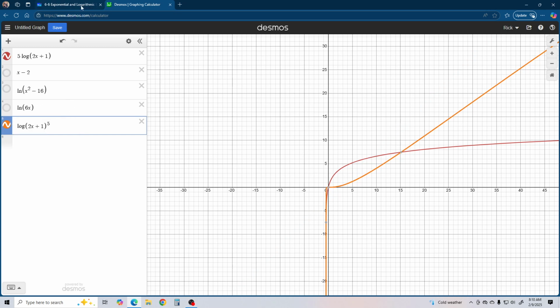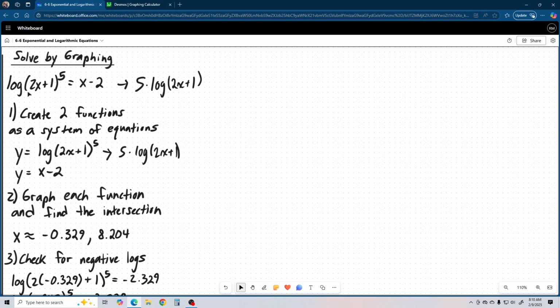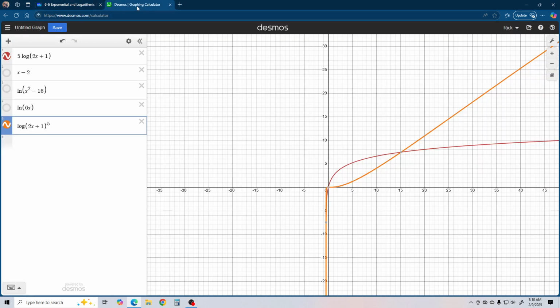And all I did was graph exactly what the problem said, log of 2x plus 1 to the fifth. But you see how off this is? That's because the calculator doesn't understand this exponent part. I'm telling you, I've done this a bunch. If you move the exponent out front, it works. So let's get rid of that. I was just showing you that for fun.